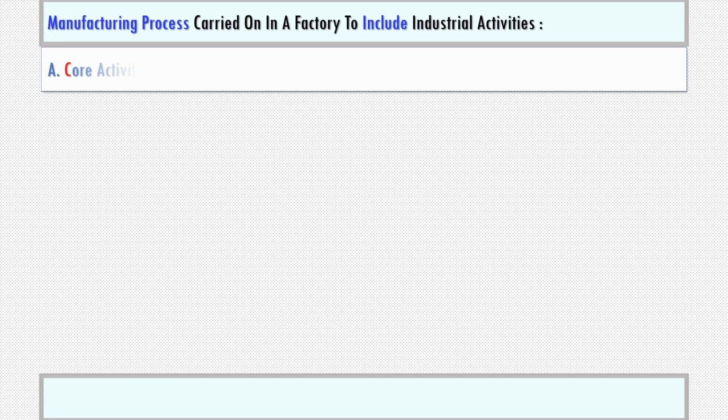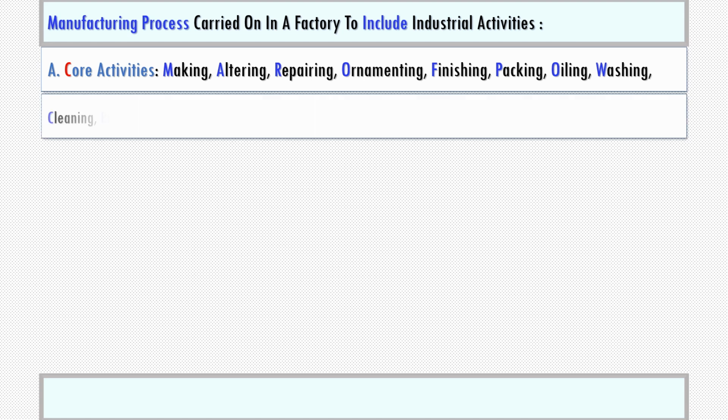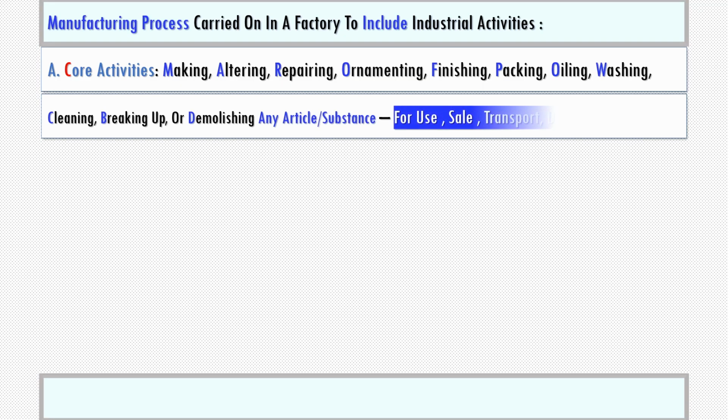The manufacturing process as related to a factory includes four types of industrial activities. The first type, core activities of making, altering, repairing, ornamenting, finishing, packing, oiling, washing, cleaning, breaking up, or demolishing any article or substance for the sake of usage, sale, transport, delivery, or disposal.